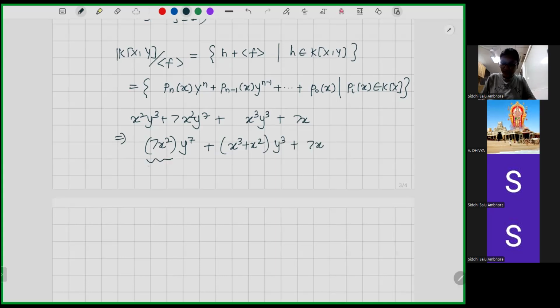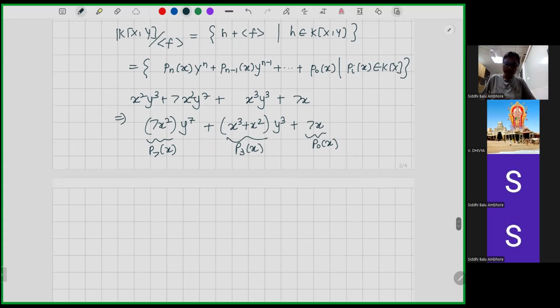This is my P_7(x), this is my P_3(x), and this is my P_0(x). So I'm considering K[x, y] as polynomials in the variable y with coefficients from K[x].